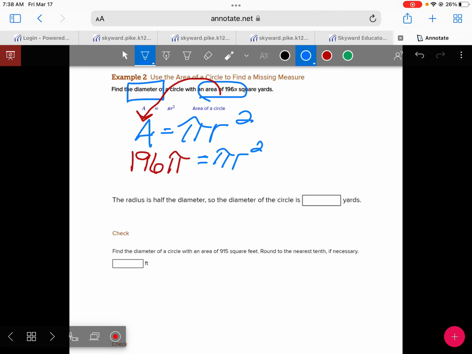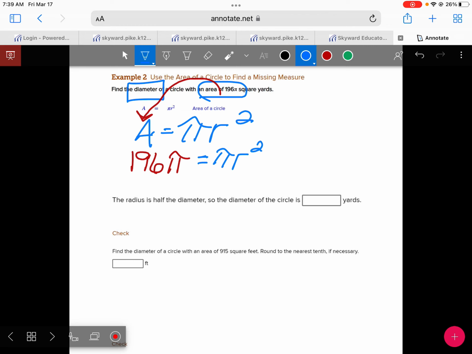We don't know what that is. All right, now we're looking for diameter. I don't even have a diameter here in my problem, do I? But which of those variables or things is related to diameter very closely?